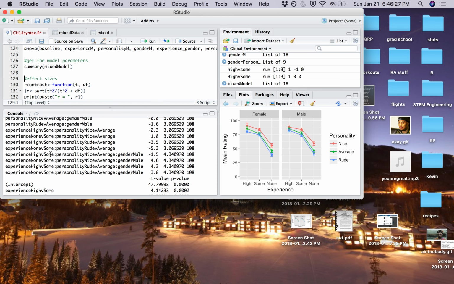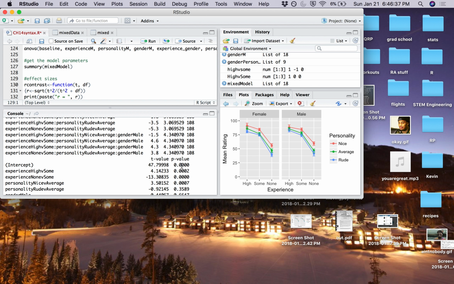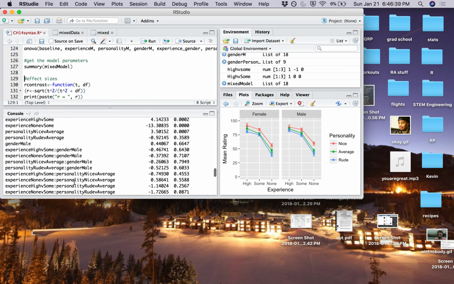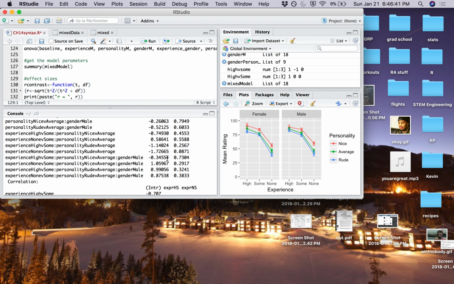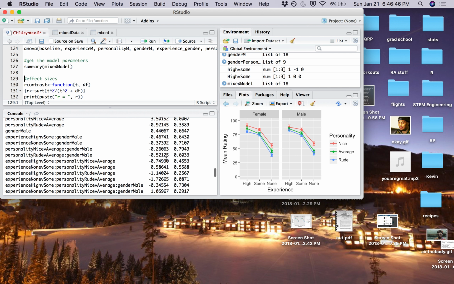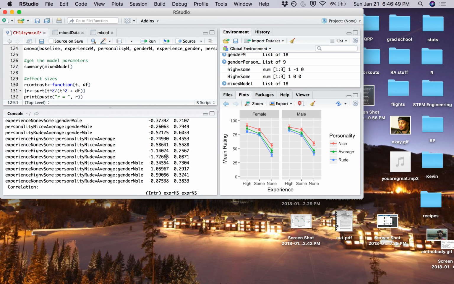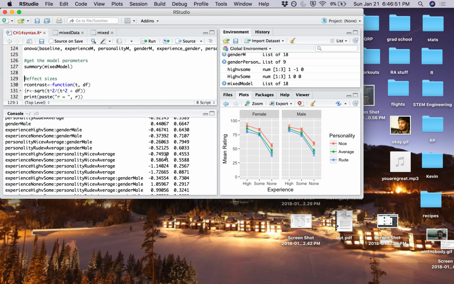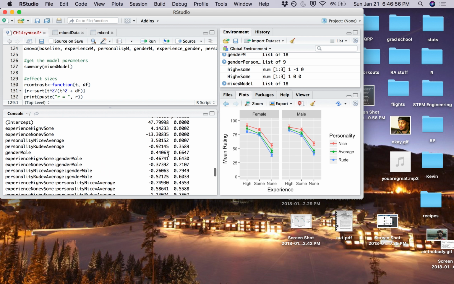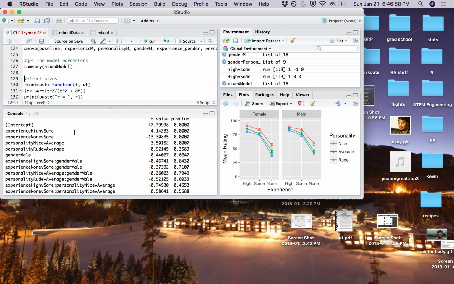It shows that highly experienced individuals were rated significantly higher than those with only some experience, and then we have to go down to the p-value. So I guess we'll just look down here. Oh, here. Sorry.